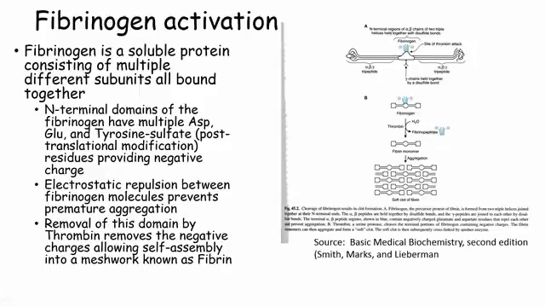There are lots of aspartic acid residues, there are a lot of glutamic acid residues, and also there's a third residue, tyrosine residues that have been post-translationally modified to add sulfate, which is going to carry negative charge as well. So these N-terminal peptides, which wind up in the middle of this fibrinogen, have a great deal of negative charge, and you'll recall that like charges repel each other.